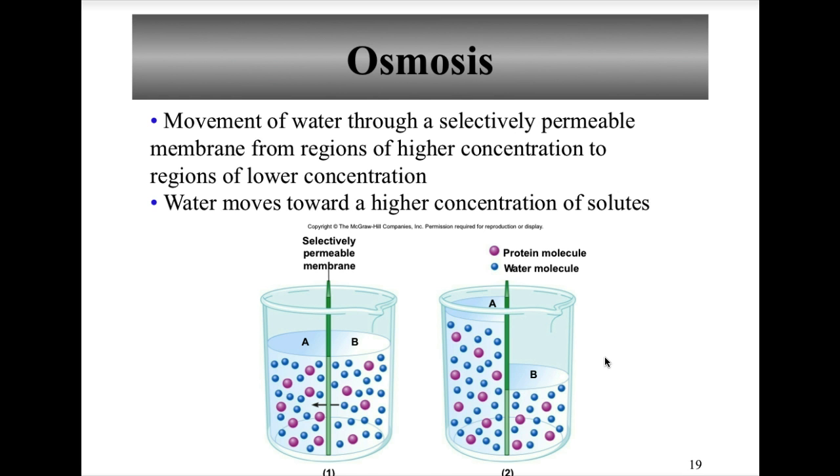And then you have a special type of passive transport called osmosis. Osmosis is the diffusion of water molecules through a selectively permeable membrane, in an attempt to dilute a particular solute. Remember, a solute is a substance that is dissolved in water.